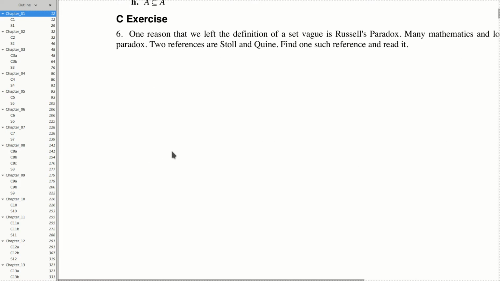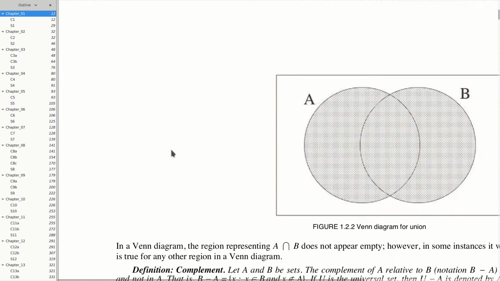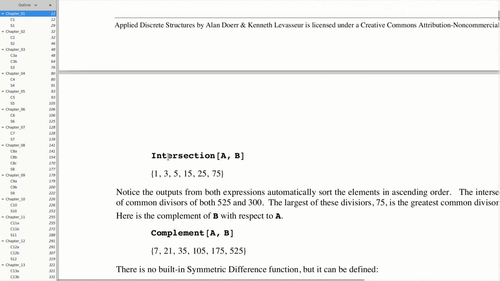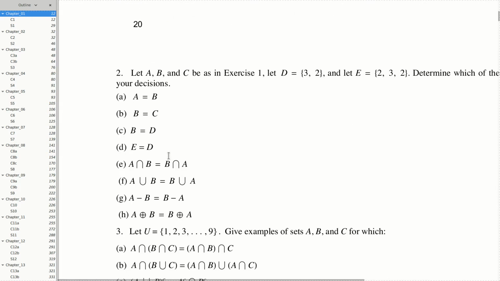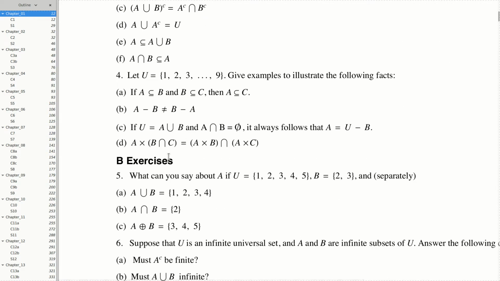All right, and then in section 2, I just looked at part B on question 4. So let the universe be the integers from 1 through 9, and give examples to illustrate the following facts. A minus B is not the same as B minus A. And sometimes it is.